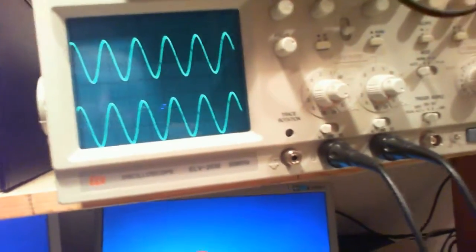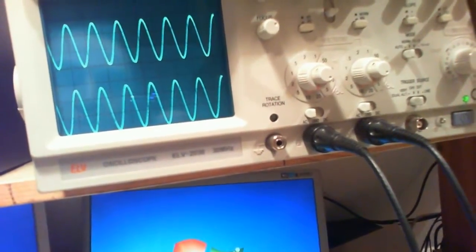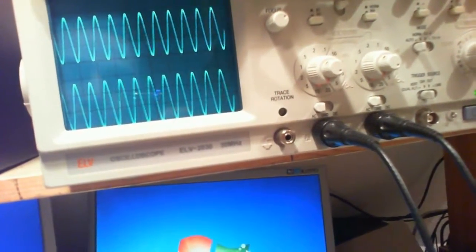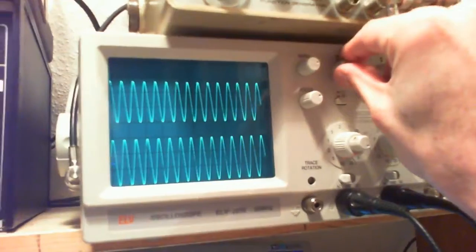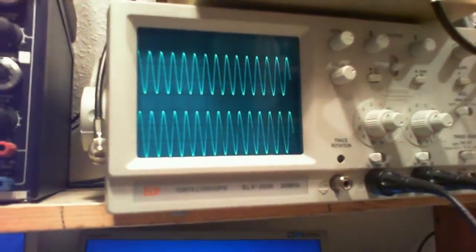But as you can see, if I increase the frequency now, there is going to be no change in the amplitude. The amplitude is remaining the same, actually getting a little bit higher than the input probably, and that's because of the inductor.